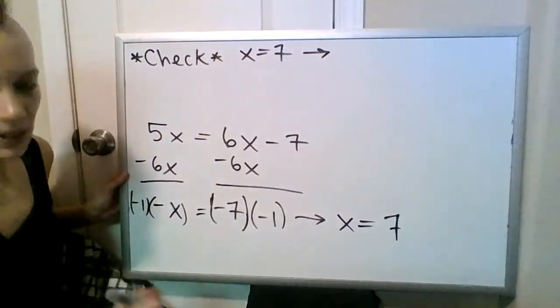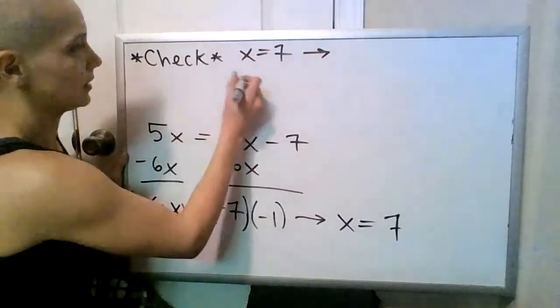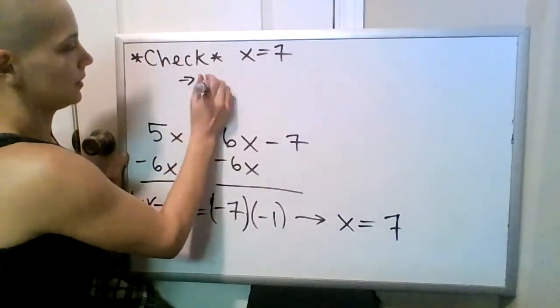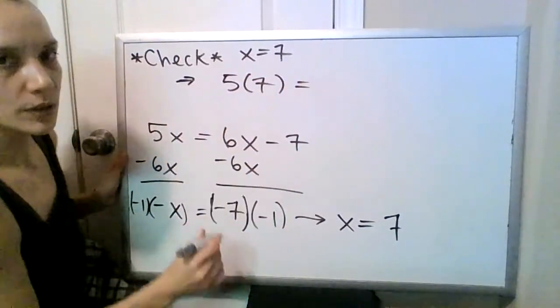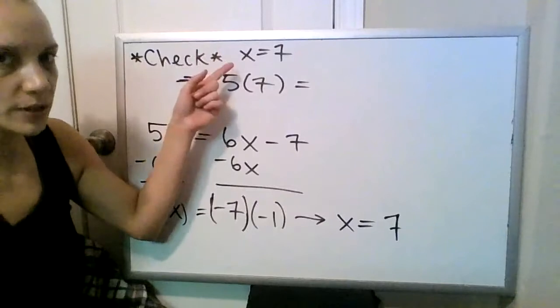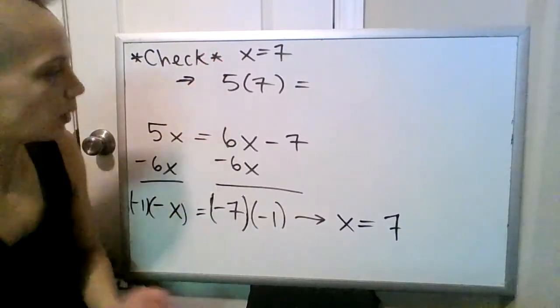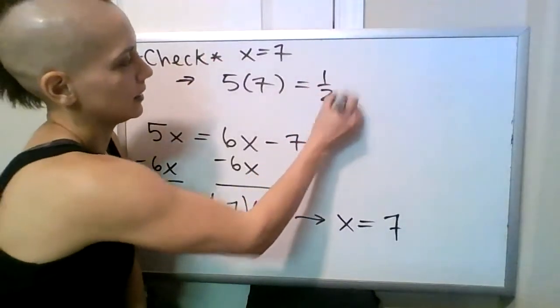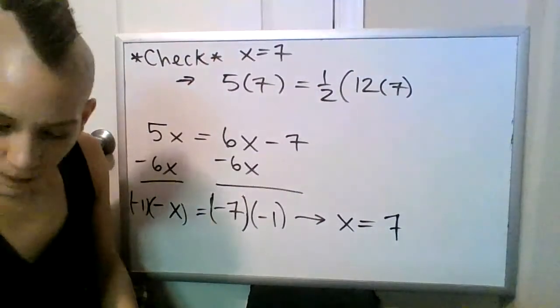Okay. If x equals 7, we would have 5 times 7 equal to, so you have to go check in the very beginning of the problem, back to the equation that you're given, which was 5 times x equals 1/2 times 12x, which is 7 minus 14.